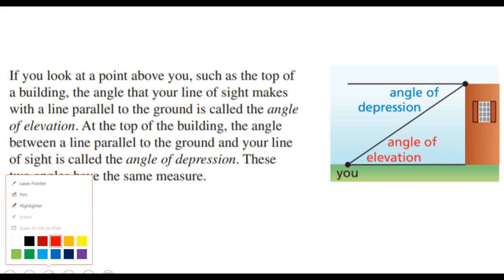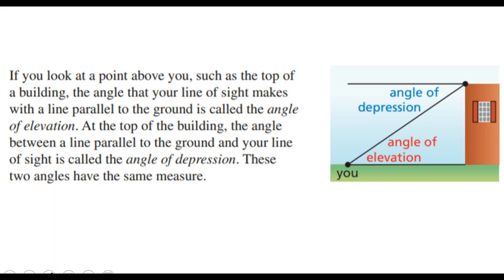These two angles have the same measure. Okay, so for angle of depression and angle of elevation, you will be the reference point. So you or your line of sight will be the reference point.